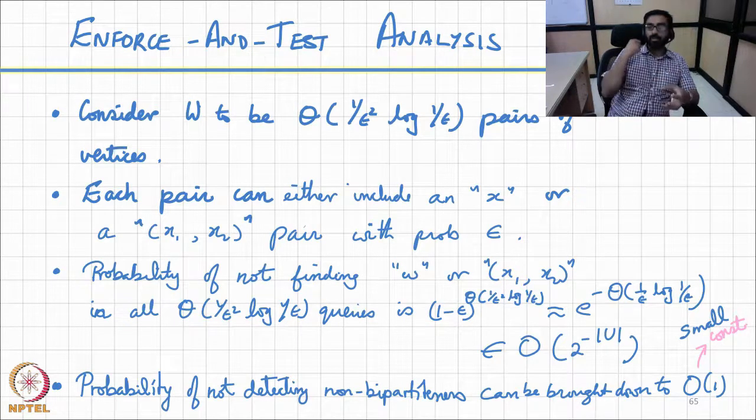You pick a partition, and you ensure that with very low probability, O of 2 raised to the minus |U|, we miss finding evidence for non-bipartiteness. This means that even when we consider all the 2 power |U| partitions, we will fail to detect with low probability.